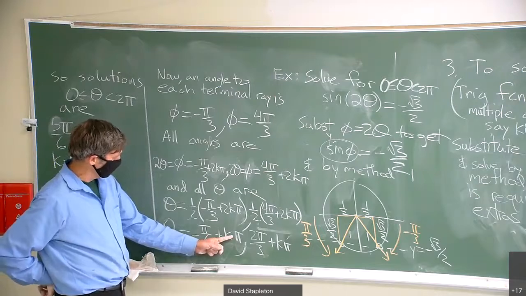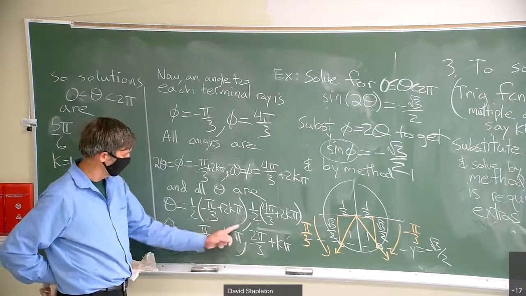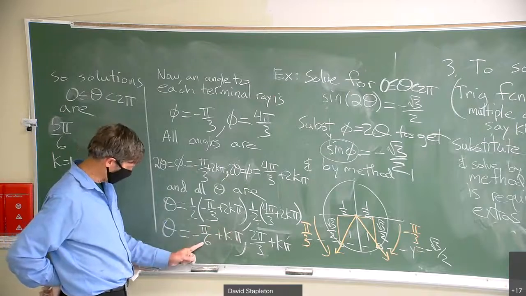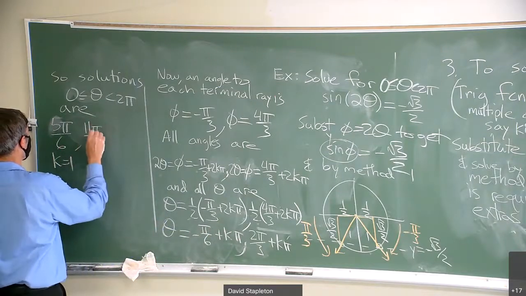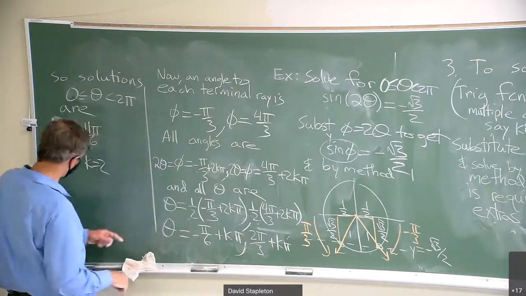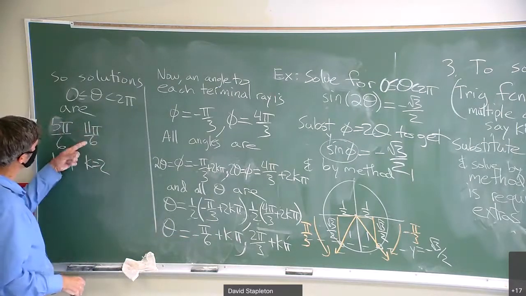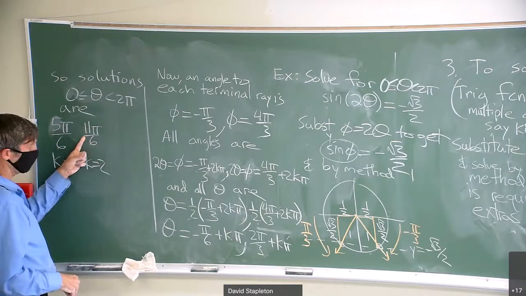Now I try k equals 2. 2 pi is 12 pi over 6, plus minus pi over 6 is 11 pi over 6. That's between 0 and 2 pi. 2 pi would be 12 pi over 6, so this is less than 2 pi. It's positive and less than 2 pi, so that's a good angle.